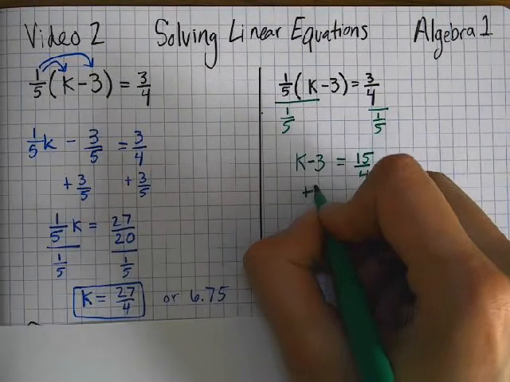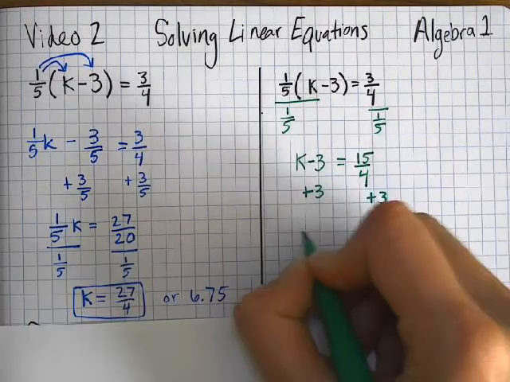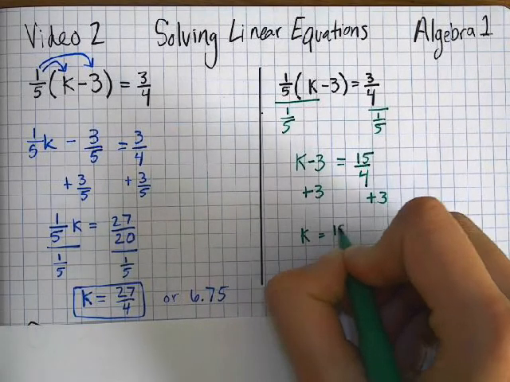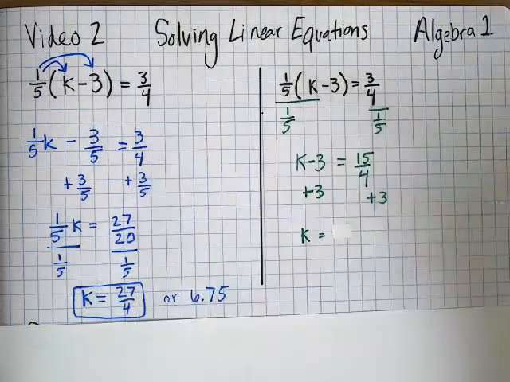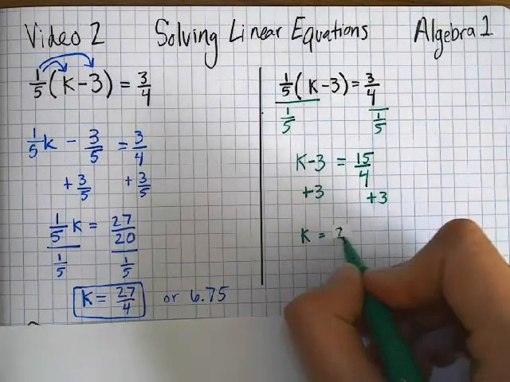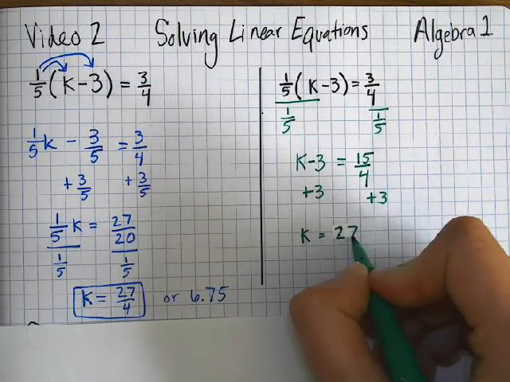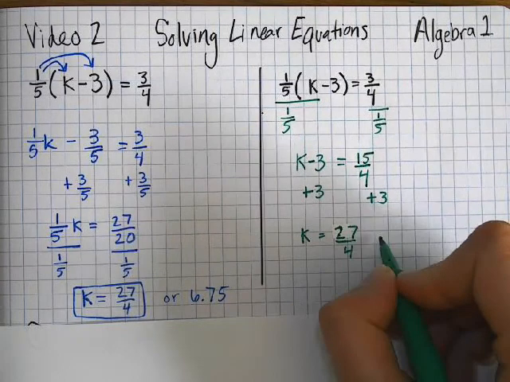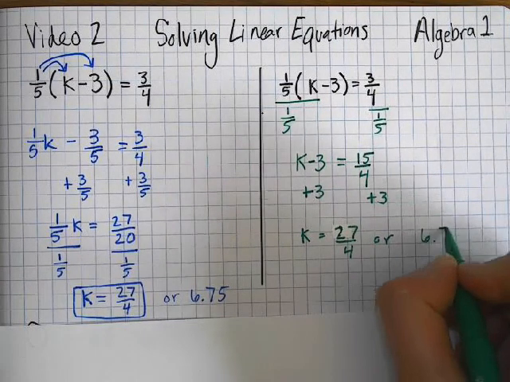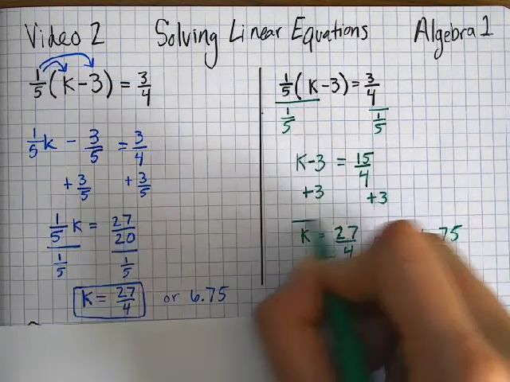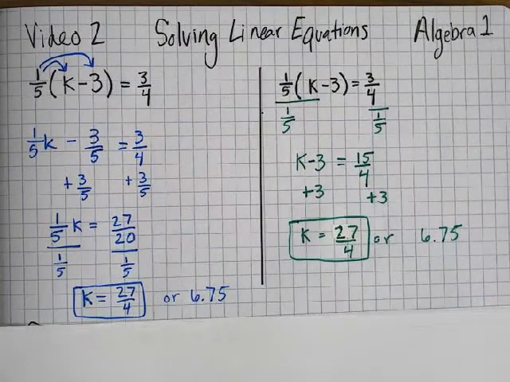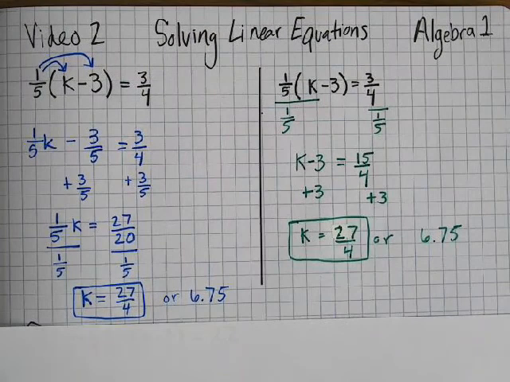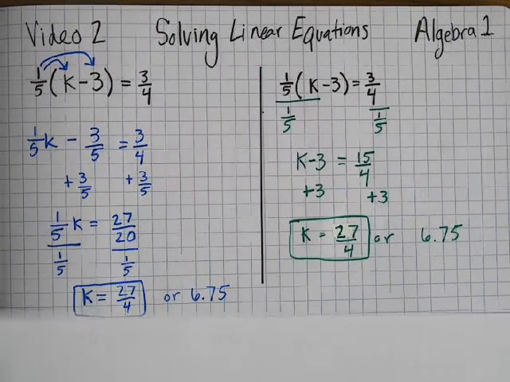Now we can add our 3, and it equals 27/4, or 6.75. When we're solving these problems, I'll do it one way or the other. You guys can do whatever you want and maybe do it the opposite way and see if you get the same answer.